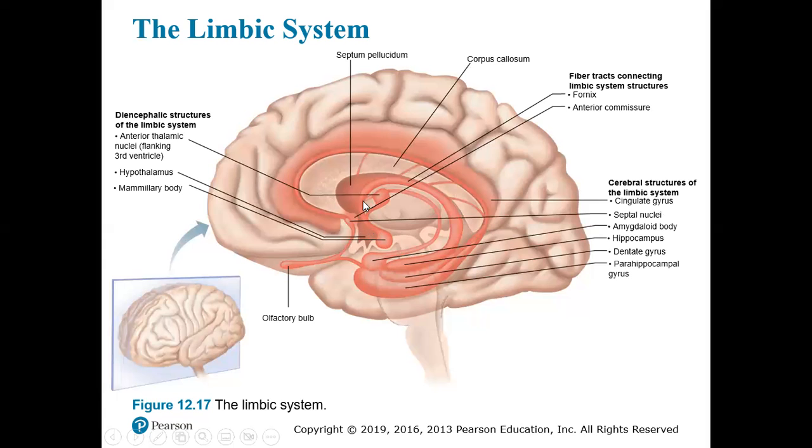Then we have this circular structure that touches those points, connects to those points, and circles all the way around the diencephalon or the thalamus. That's the fornix, this red structure noted here that I'm pointing to with my pointer.